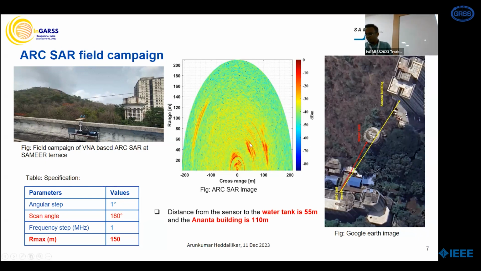And because I'm using 2 GHz bandwidth, we can see the spread in the range. The tank is quite tall, and I also have a 10-degree angle. With that, it looks like a spread in the range direction.